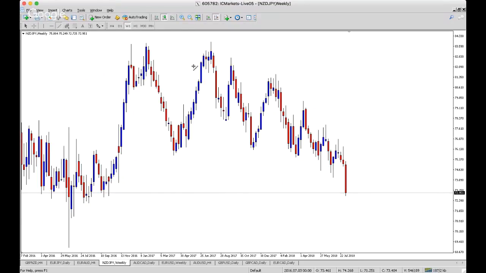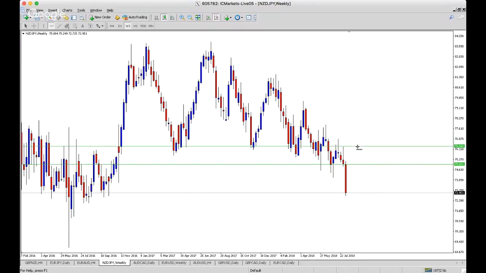Why do I say it's a strong sell momentum? Because the weekly close is stronger than the previous week. So that is telling me that the sellers are totally in control of NZD yen. So I will just take the previous open, which is here, and the previous week high is here.